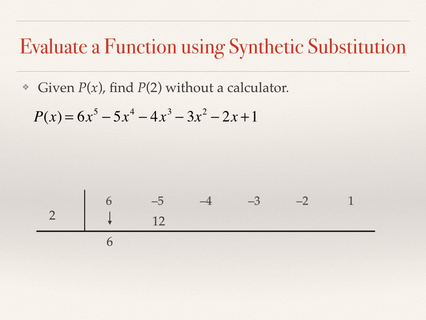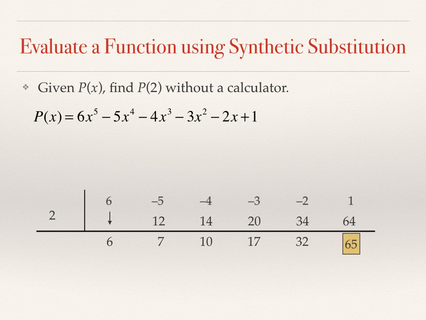Multiply 6 by 2 to get 12 and add with negative 5. Multiply by 2 to get 14, add with negative 4. Multiply by 2 to get 20. When we add, we get 17. 17 times 2 is 34, plus negative 2 is 32. 32 times 2 is 64. When I add that with 1, I get 65.